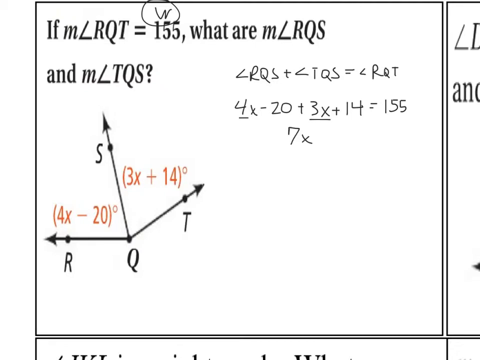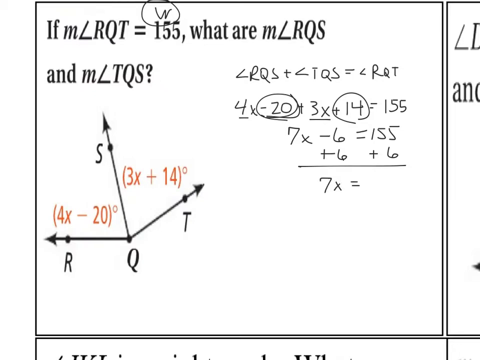Negative 20 and positive 14 is negative 6. Going to add 6 to each side, and then 7x is going to equal 161. If I take 161 and divide that by 7, 161 divided by 7 gives me 23 for x.